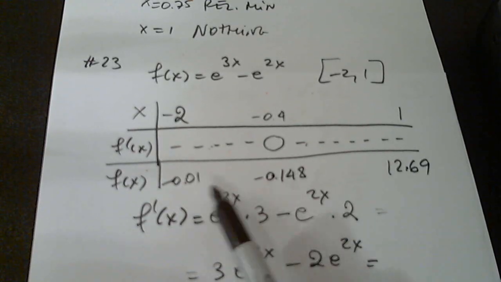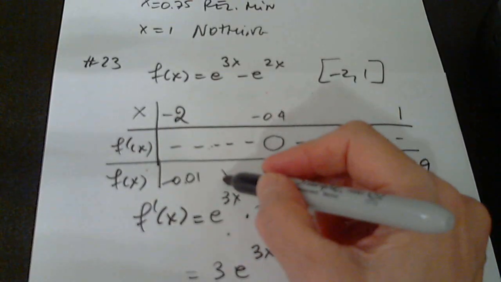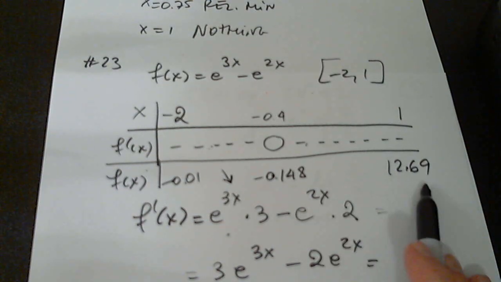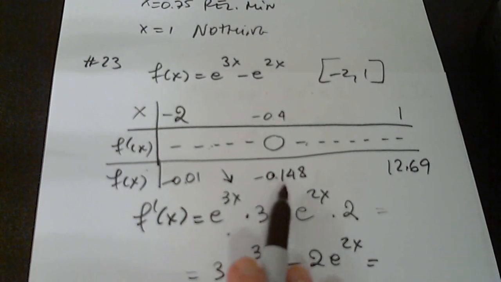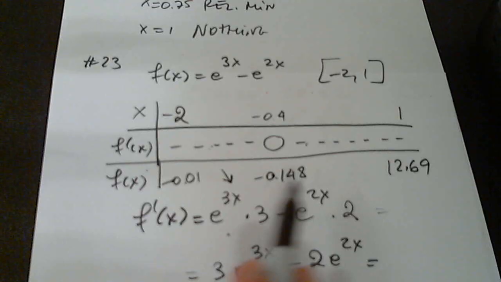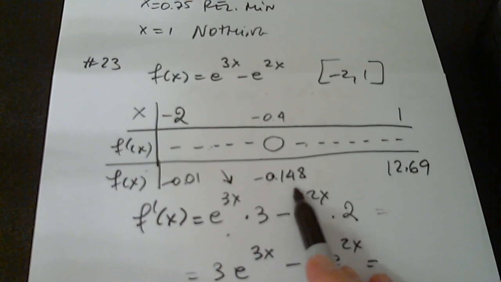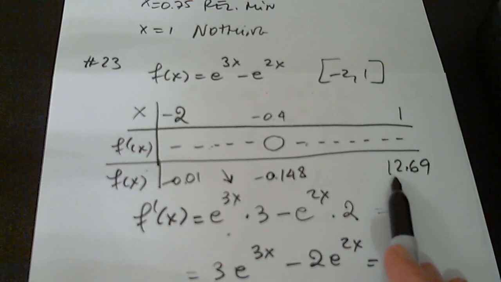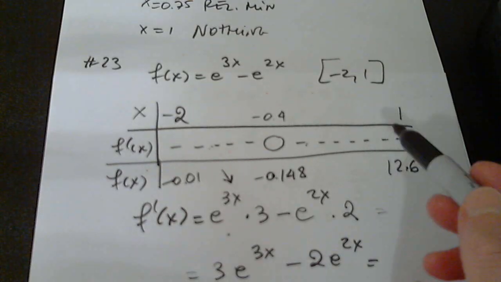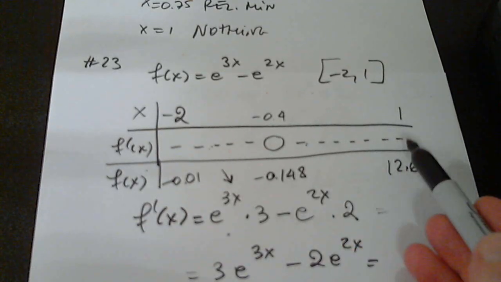From here, the function is decreasing. That is correct. But I don't like this. So from negative 0.01 to negative 0.148, that's correct. But there's something wrong here because it makes no sense. From negative 0.148 to positive 12.69, the function is increasing. So I'm checking my sign.